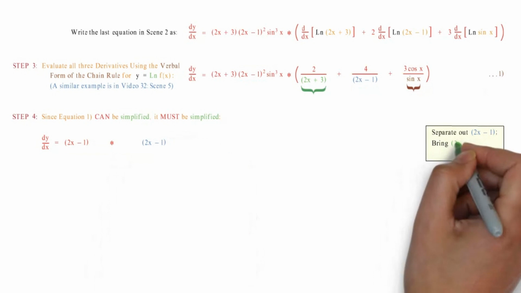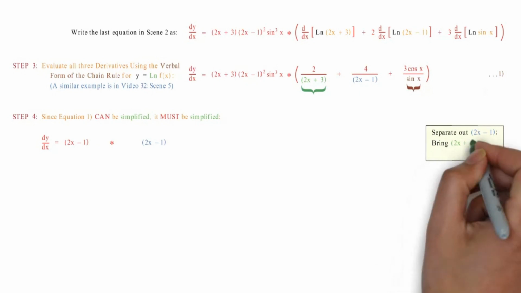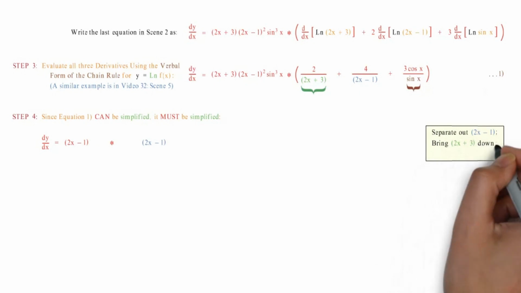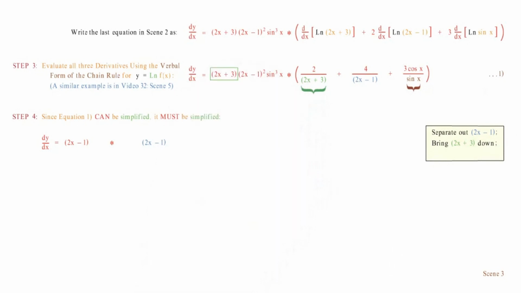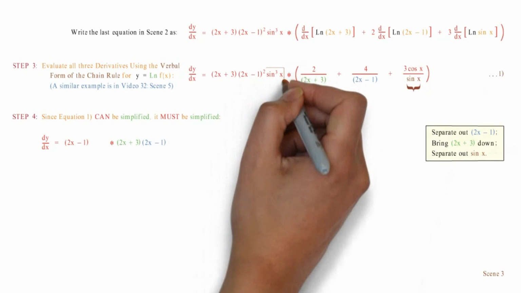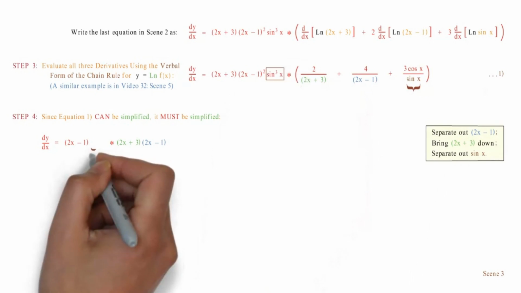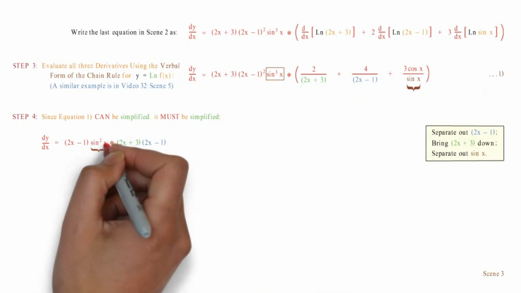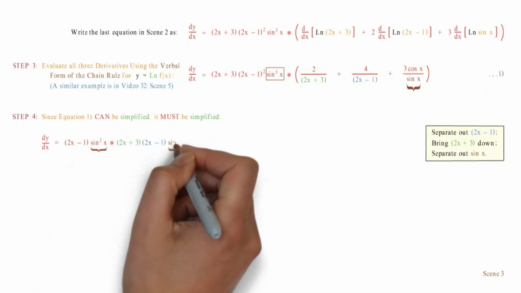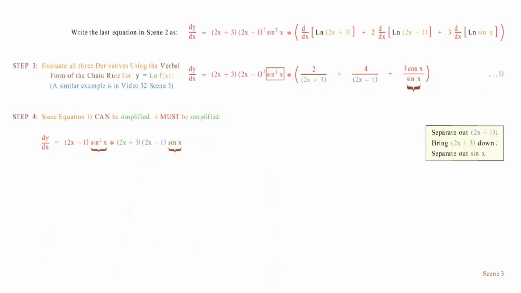Bring 2x plus 3 down. Separate out sine of x. Sine cubed of x becomes sine squared of x times sine of x.